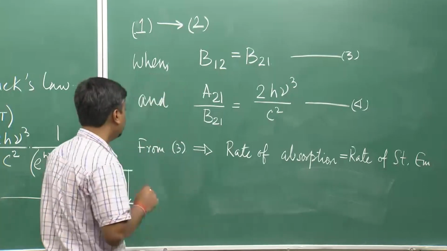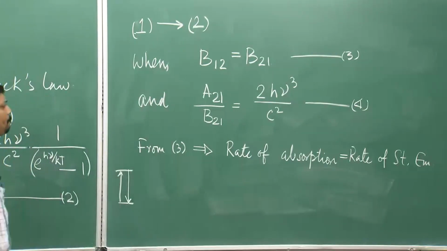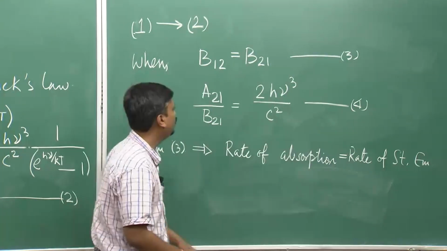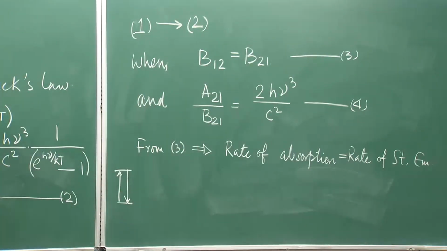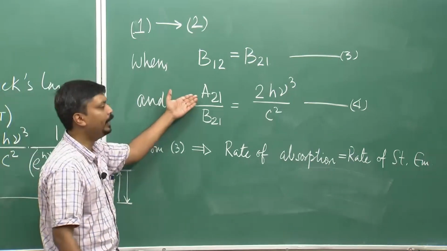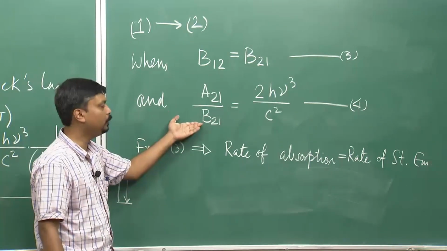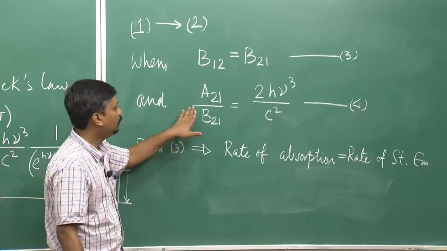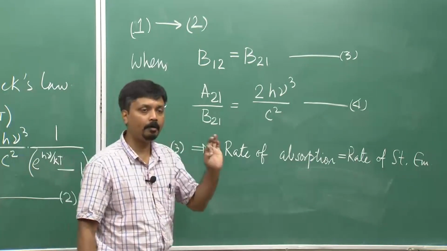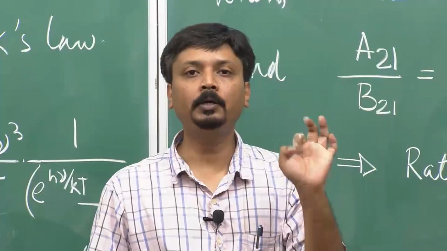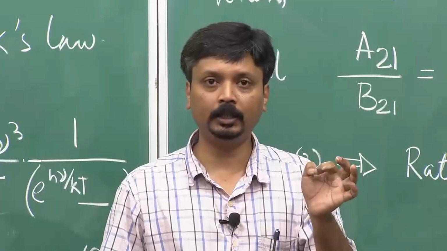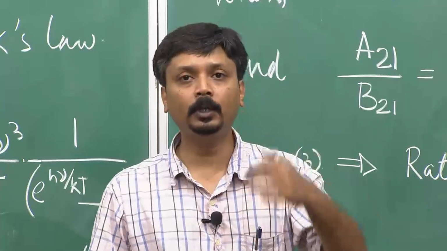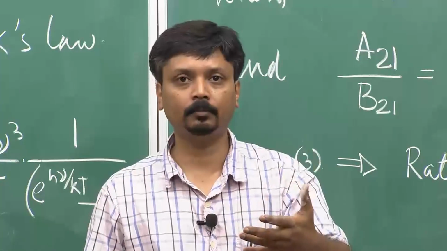Okay. Now, if we look at this equation 4, what does it tell me? A21 is the rate of spontaneous emission, B21 is the rate of stimulated emission. I want my system to give more stimulated emission and minimize the spontaneous emission, because I want to utilize the stimulated radiation, correct.